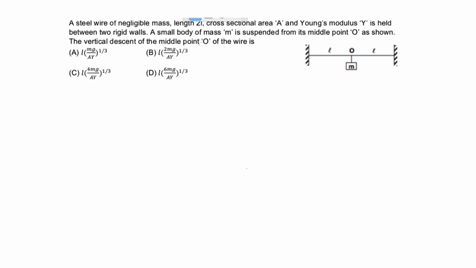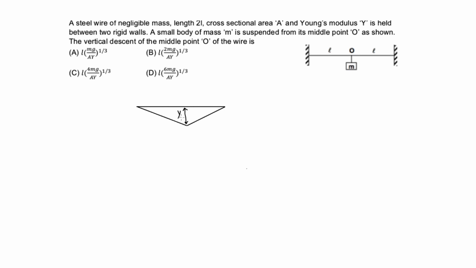So let us draw the situation. This is the still wire. So when I suspend the mass, the wire will bend like this. Its middle section has come down by, suppose, a distance y.